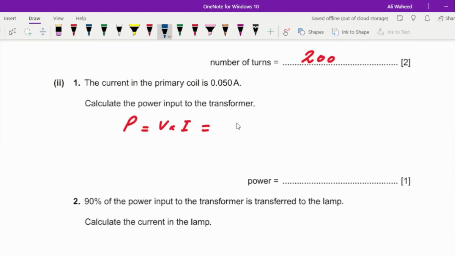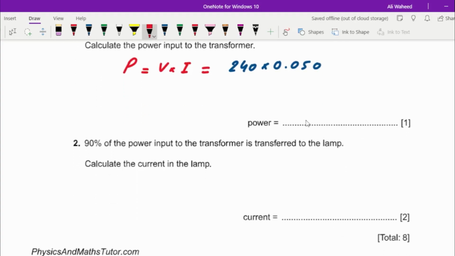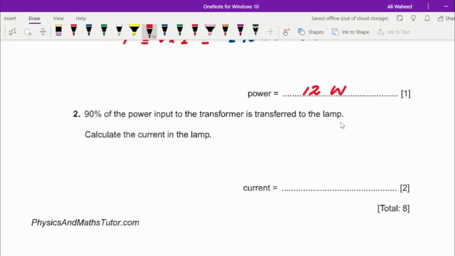So 240 times 0.050. 240 times 0.5 would be half of it, 120, and then we take one decimal place back, which should be 12 watts. 12 watts. Okay, then we have the next one.